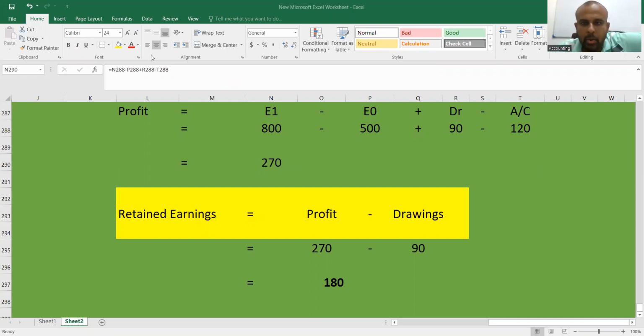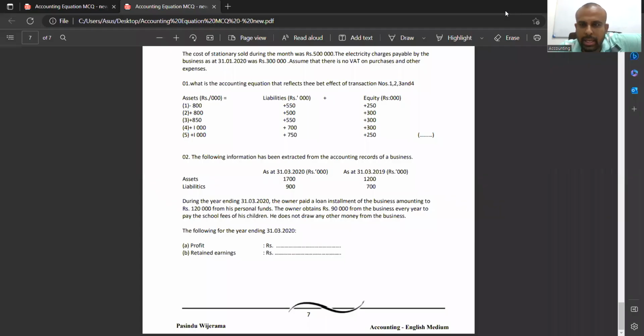Done. Okay. So that is all about the 2020 past paper question on the accounting equation.